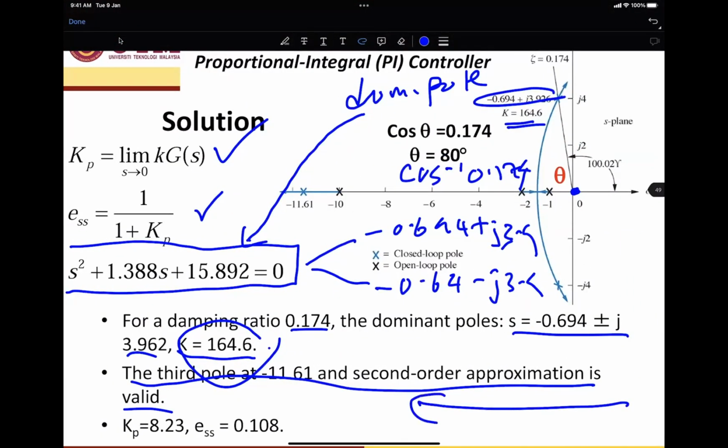Some of the students don't understand if they don't attend the class, right? So now the Kp is 8.23 and the steady state error is 0.108.